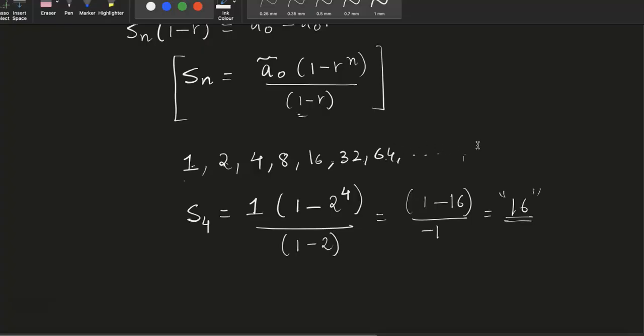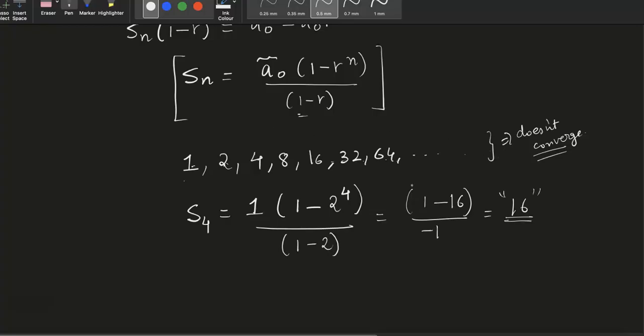Then things get not so good for us in finding the summation. Here the series does not converge, because each next term is increasing more and more. It will be double that of the previous, and as n tends to infinity, this series will tend to infinity. The summation does not converge.